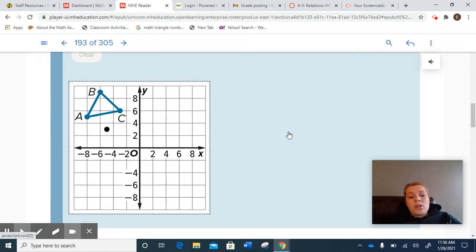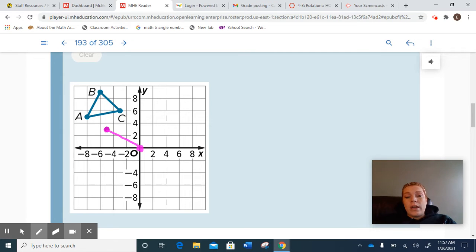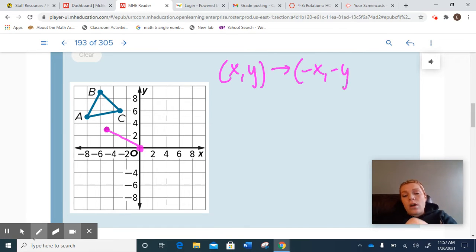So what we're going to do to start this one off is move our shape to the origin in order to use our rules. So I'm going to go ahead and transfer this center of rotation to the actual origin. And it wants us to do a 180 rotation. So when we do a 180, we are transferring all the x and y points, and we are going negative x, negative y.